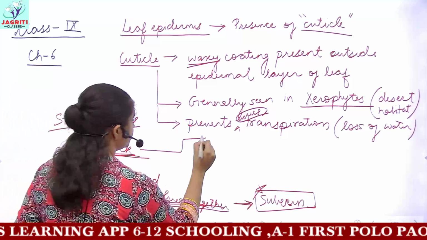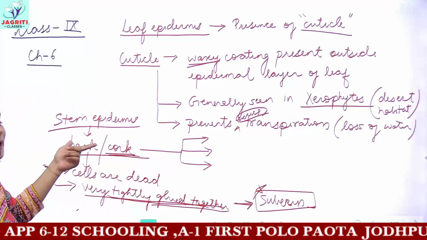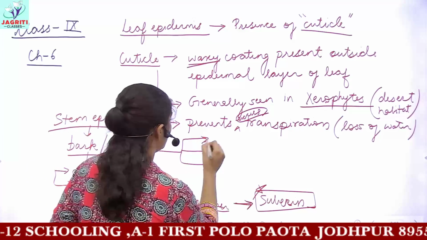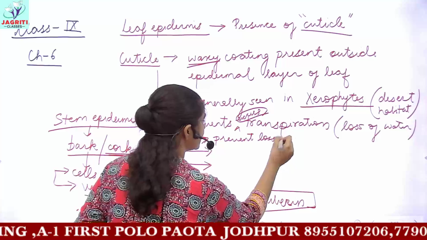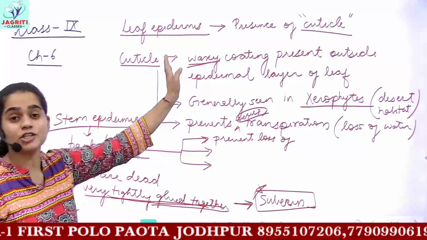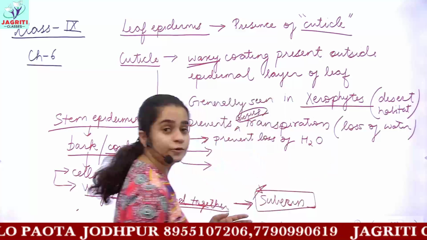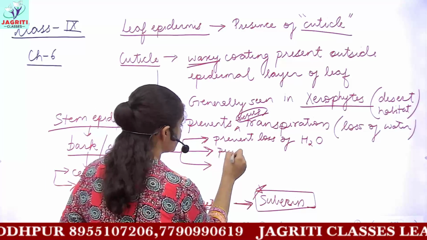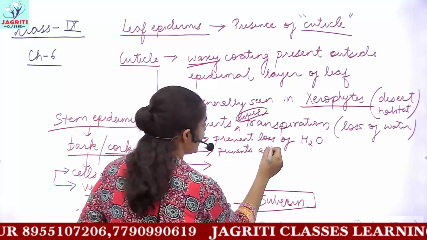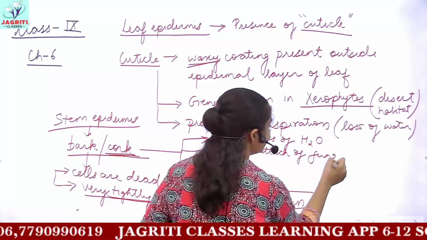They serve three functions. The first one is they are impermeable, or they prevent loss of water. That is same as the function of cuticle. So these prevent loss of water from plant parts. Then it also prevents attack of fungus or other pathogens.